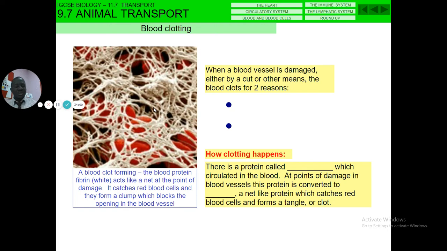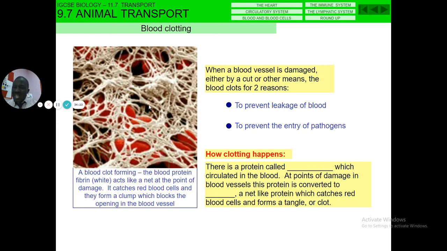The reasons why we need blood to clot. One, to prevent leakage of blood, that is loss of blood. Number two, to prevent entry of pathogens. Why does blood clot like this?